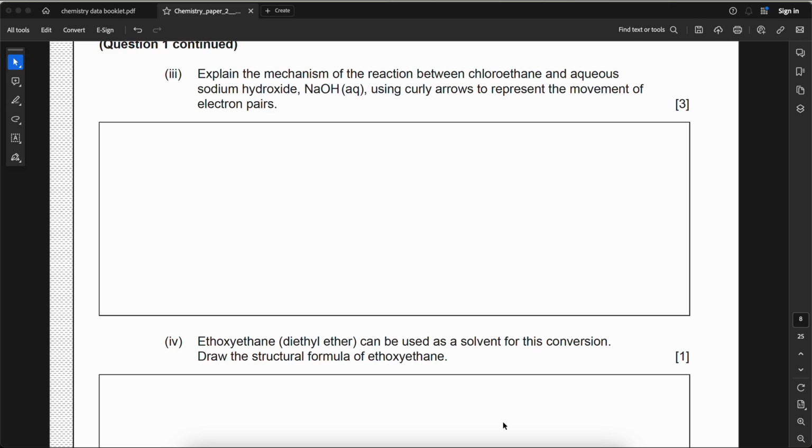Explain the mechanism of the reaction between chloroethane and aqueous sodium hydroxide NaOH using curly arrows to represent the movement of electron pair.